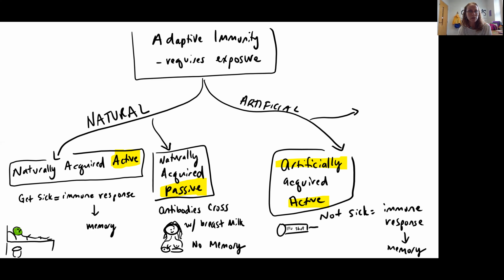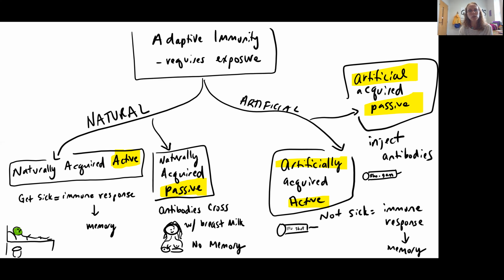But the benefit of this method is, of course, you don't have the risks that come with the actual illness. So you're not getting sick, but you're still having an immune response and you still develop that memory.